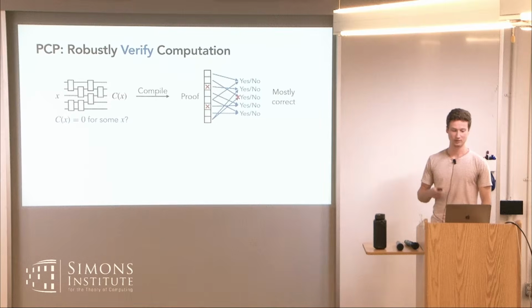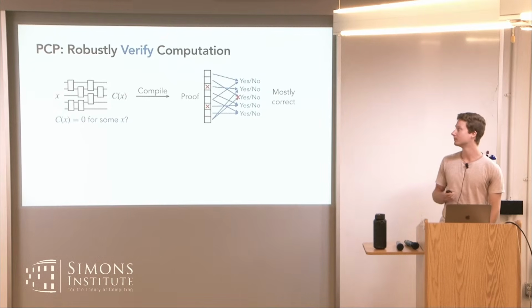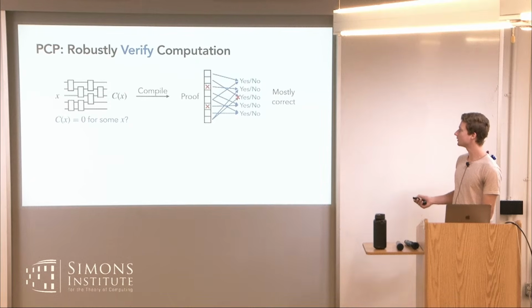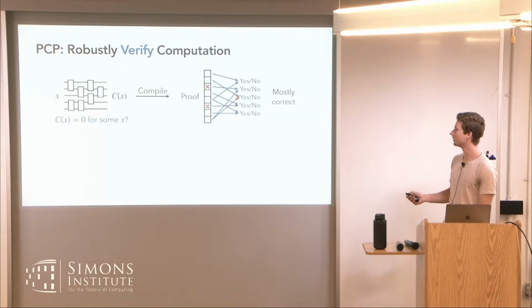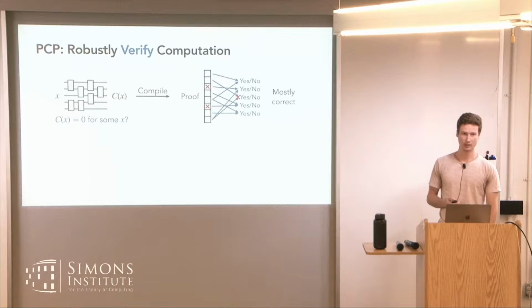If we were to sample just a very small number of these local checks and check whether they give yes or no, even if there's a reasonably high number of errors in the proof, we'll still probably get the right answer.